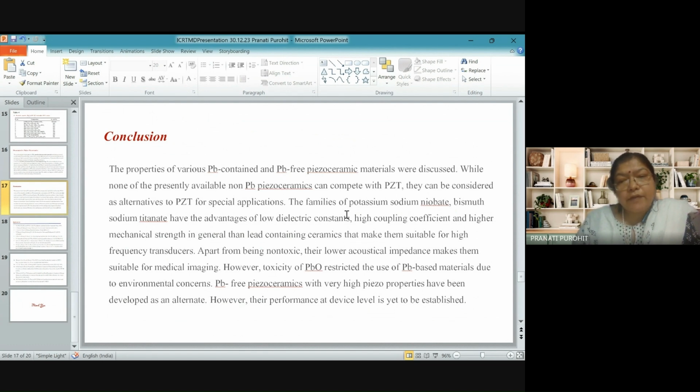But if we synthesize lead-free materials with suitable composition and increase their electromechanical properties, then lead-free ceramics with high piezoelectric properties can be developed as an alternative to lead-based systems, and without polluting our environment, we can fabricate devices that will be helpful for us.